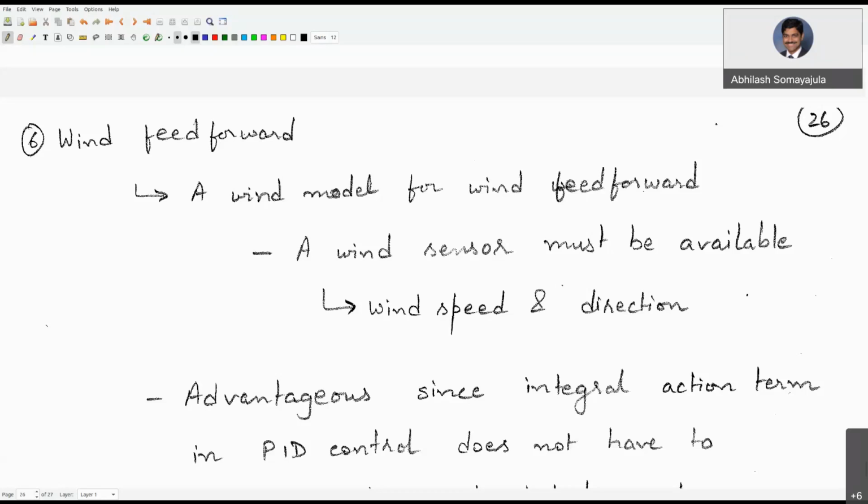And that computation has to be done online, which means there is a computational overhead that you're adding by including this feed forward mechanism, which was not there when you're only looking at a feedback mechanism. So again, it's a compromise. I gain some and I lose some. What do I want to gain and what do I want to lose? You have to make a perfect compromise between these characteristics depending on your requirement as a control engineer.